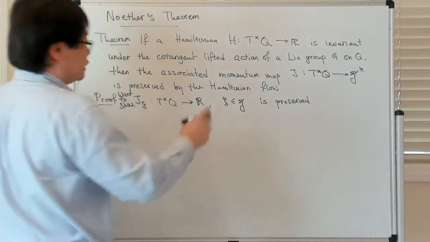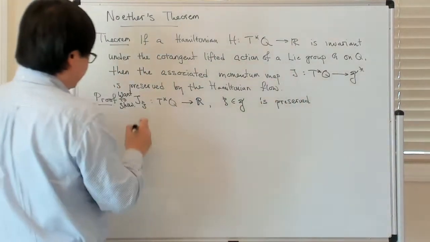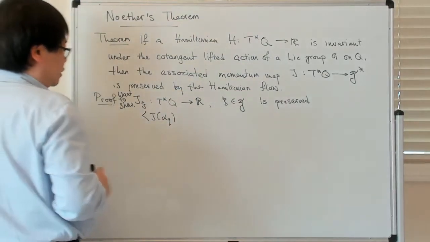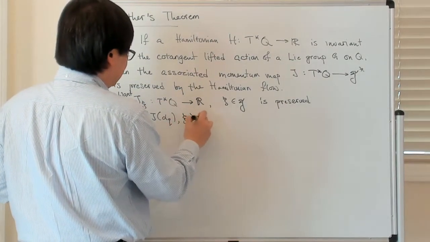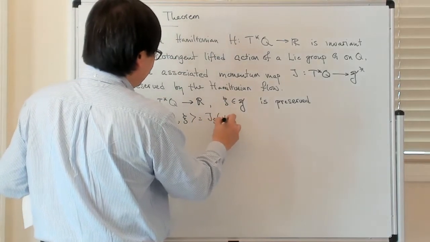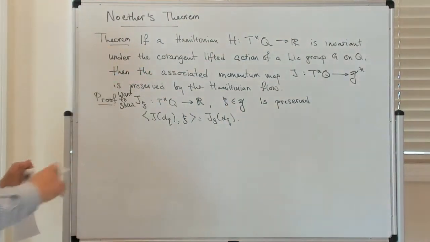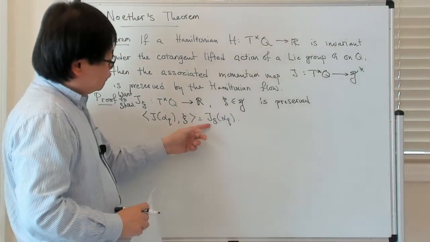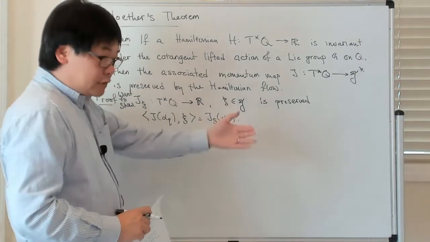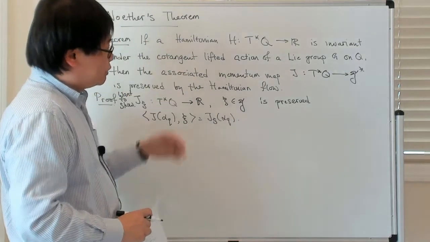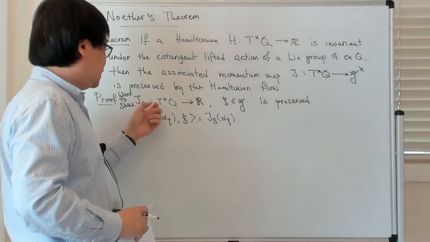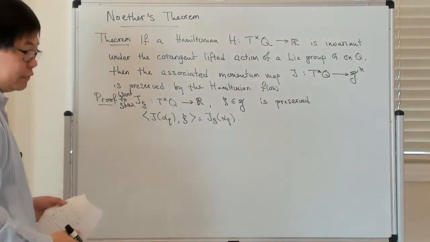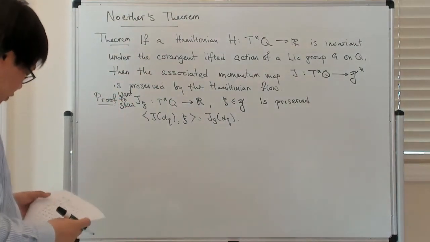If you recall, J_C is related to J in the following way: J evaluated on a point alpha_Q in T*Q paired with an element C of the Lie algebra is just J_C evaluated at alpha_Q. So it's probably not too surprising that if J_C is preserved along flows of the Hamiltonian vector field, then the associated momentum map is preserved as well. But it's just easier to think of it in terms of this Hamiltonian-like object.